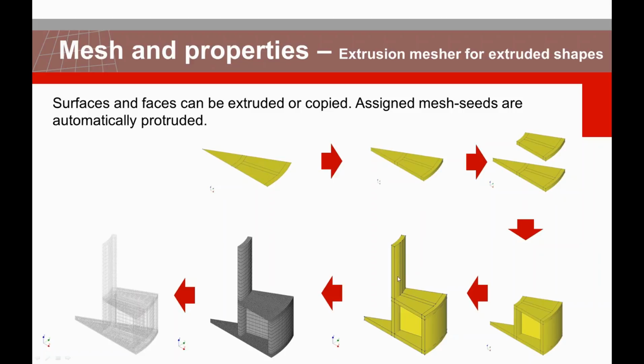Based on that, you get a complete three-dimensional extruded model. When we mesh this final model, the program already knows all these individual segments are extruded, therefore it uses extruded mesh for these geometries. So now you can see a very nice final model and the mesh for my extruded geometry.